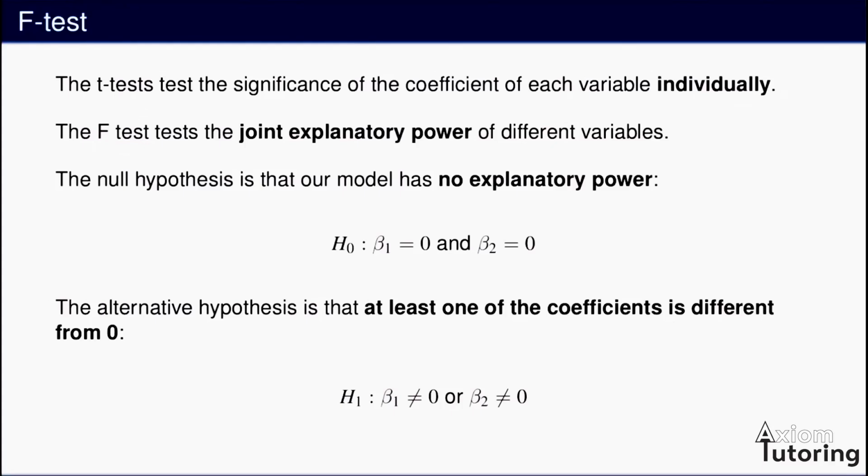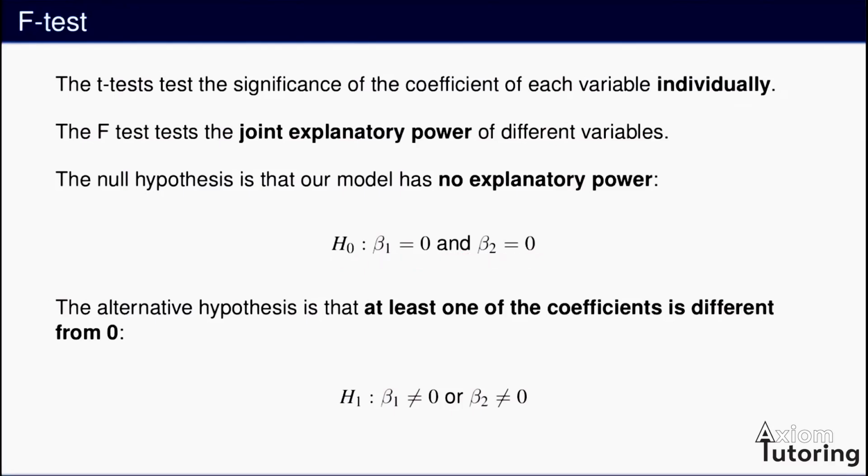Well, let's say that we want to check if our model has any explanatory power. So the way we're going to set our null hypothesis is to see if we have enough evidence to disprove the fact that it has no explanatory power. So my null hypothesis is that beta 1 is equal to 0 and that beta 2 is equal to 0.